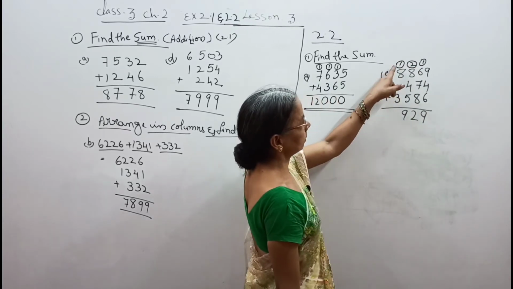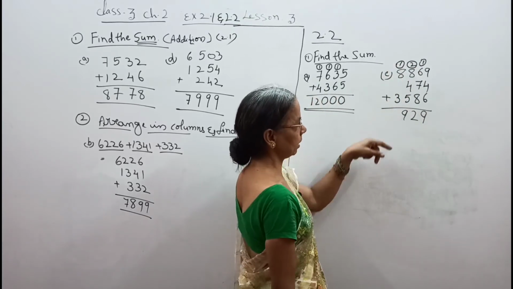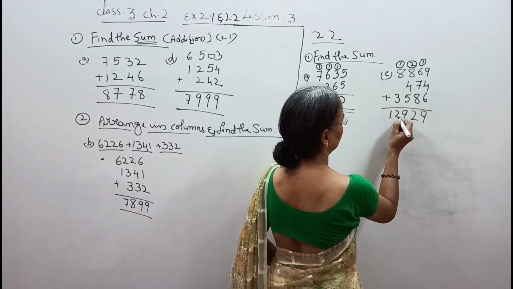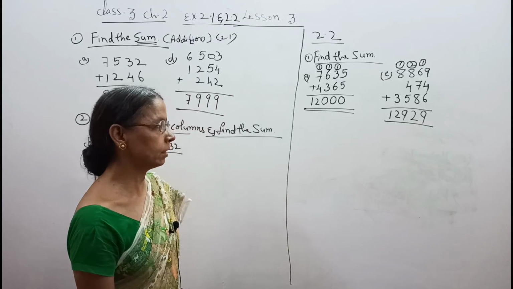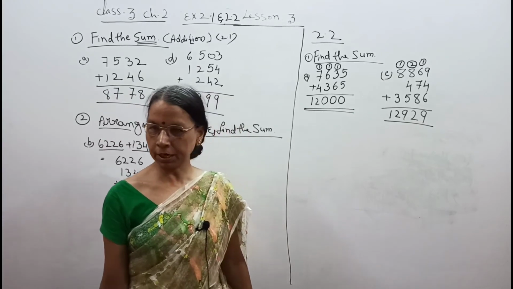Then 8 plus 1, 9, 9 plus 3, it is 12. Like this we have to add the numbers, whether they are 4 digits or 3 digits.